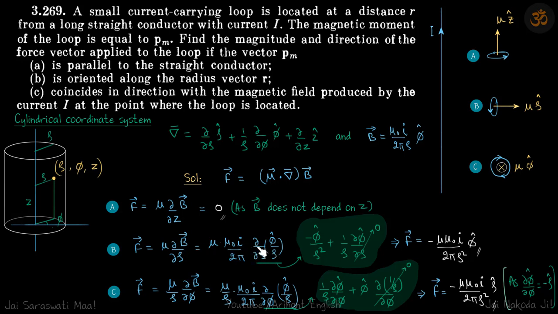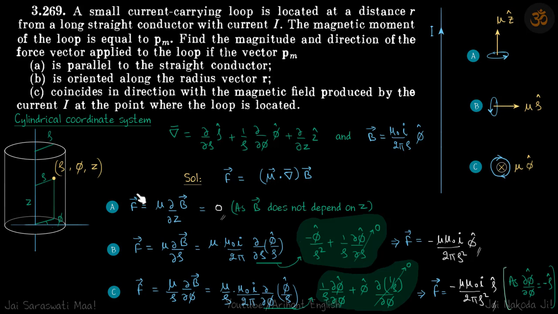The B vector, we know, is mu naught I by 2 pi rho into phi cap. So this part we can take out. Inside we will be left with phi cap by rho. These things are constant. If you do this differentiation, you get minus phi cap by rho square plus 1 by rho dou phi cap by dou rho.